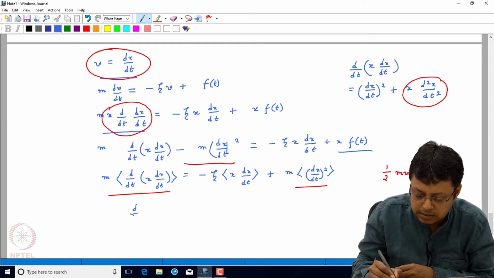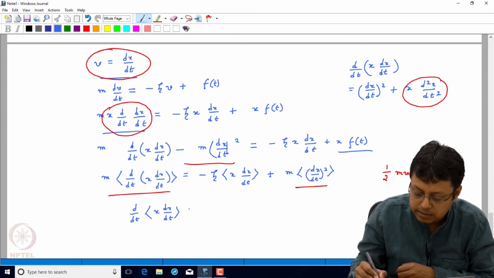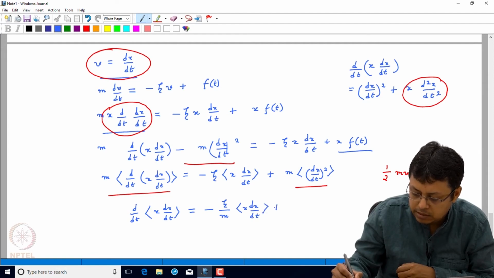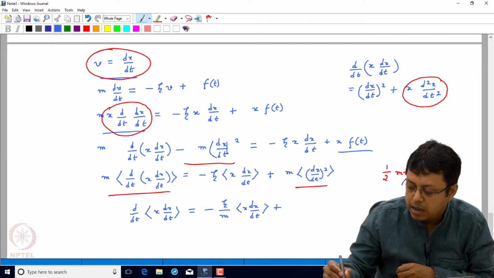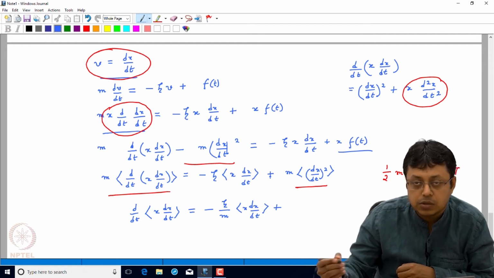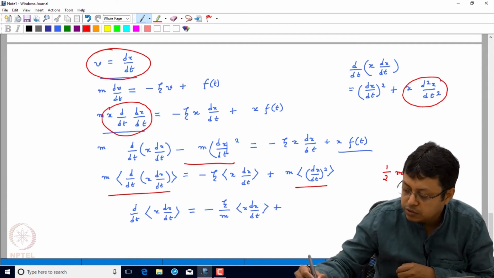So what I am saying is that d/dt of the average of x into dx/dt is basically minus zeta by m times the average of x dx/dt, plus, I divided both sides by m, (dx/dt) squared, which is nothing but v squared, and I should have actually used the average sign here.